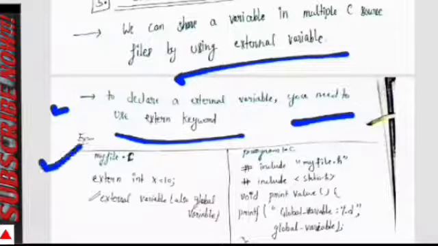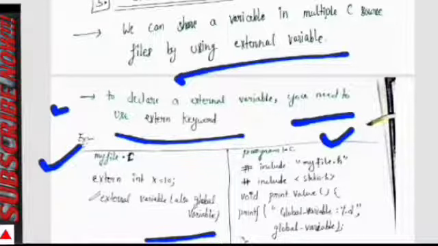the first program is my file.c and the second program is program1.c. Here, using extern int x equal to 10 means the extern variable is also a global variable. It is defined before the block of the function in the first program.